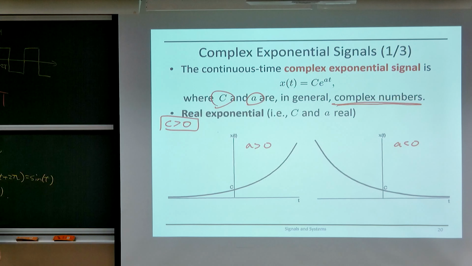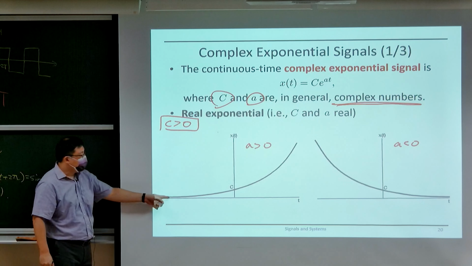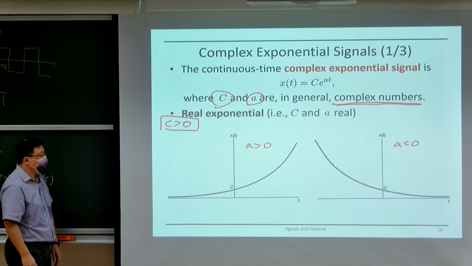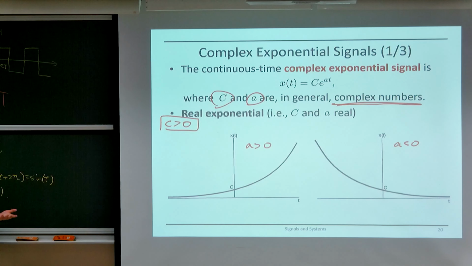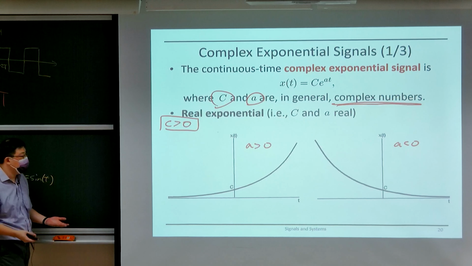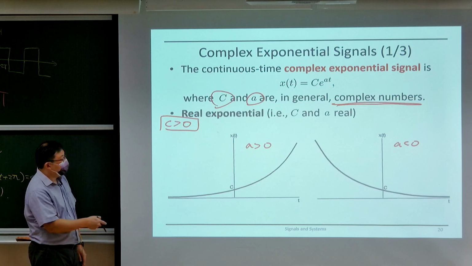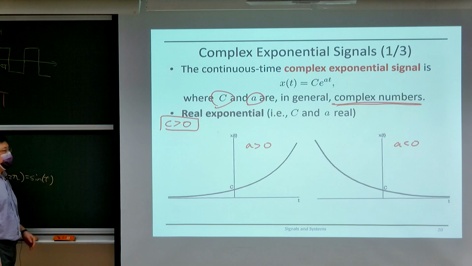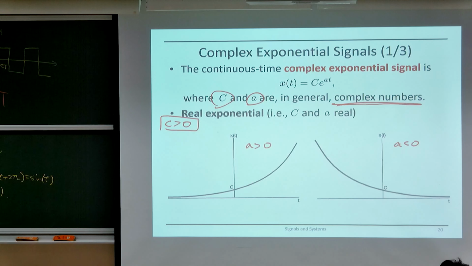You see this in a lot of places. You will see such an exponential growth in, for example, chain reactions of atomic explosions or chemical reactions. And you will see this exponential decay in, for example, the discharging of your RC circuit.